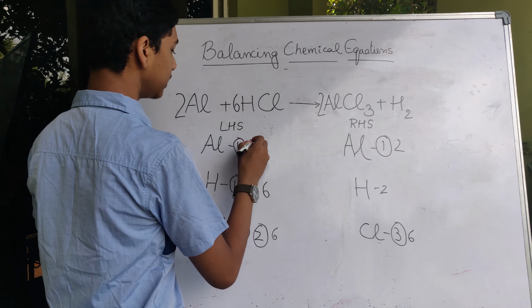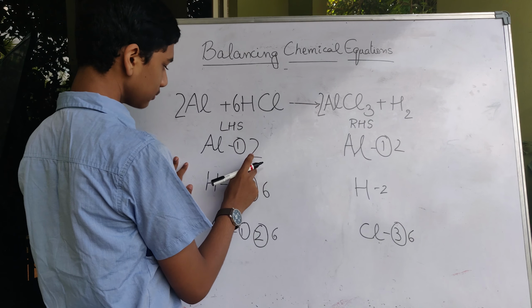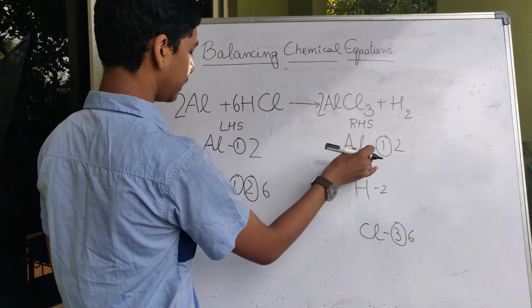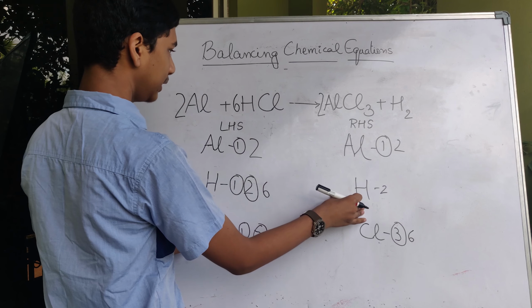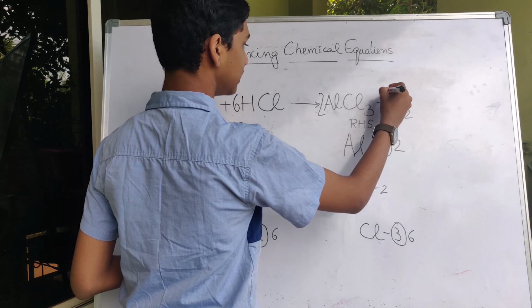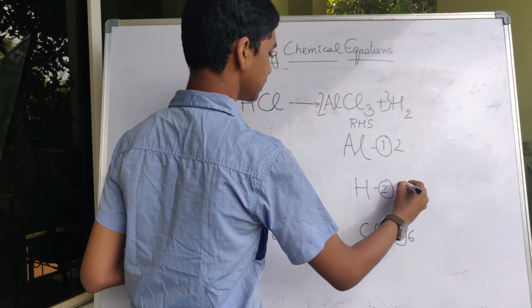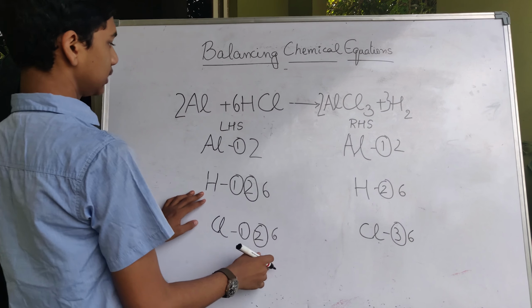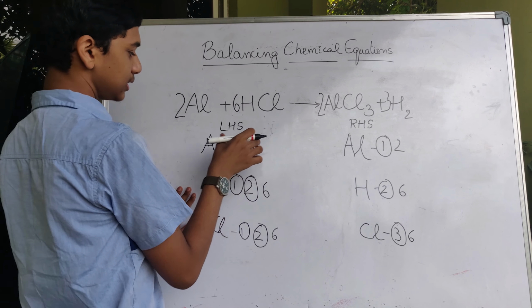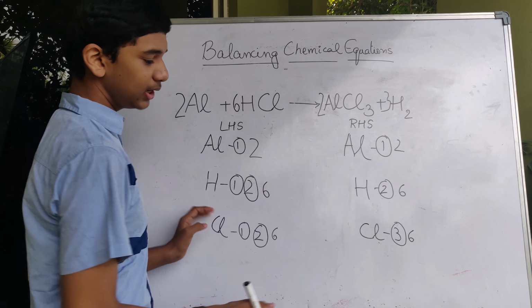So the new number of aluminium atoms is 2. So aluminium has been equated. To equate hydrogen again, simply multiply this with 3. So the new number of hydrogen atoms is 6. So this is our balanced equation, as the left hand side and the right hand side have been equated.